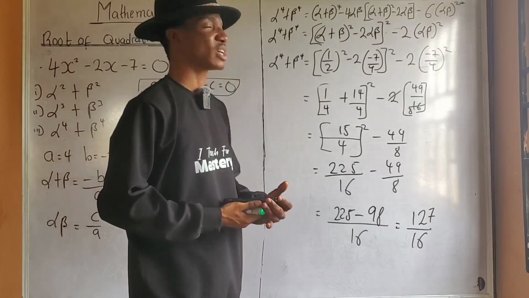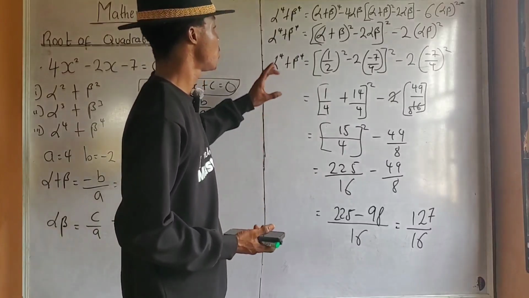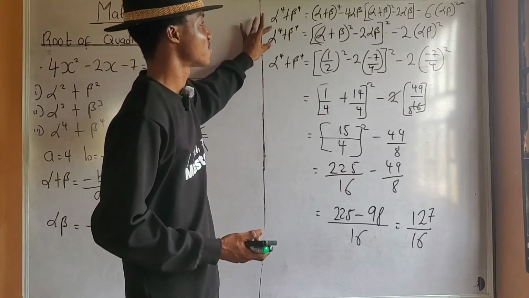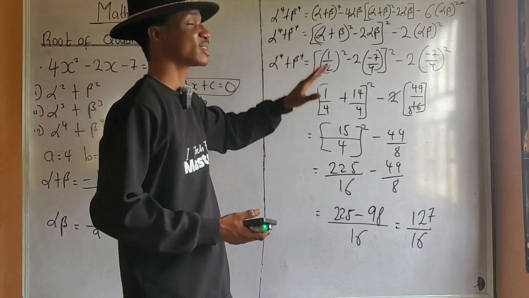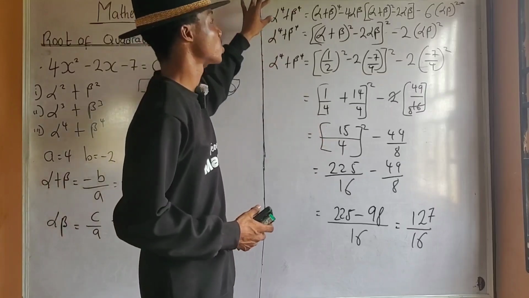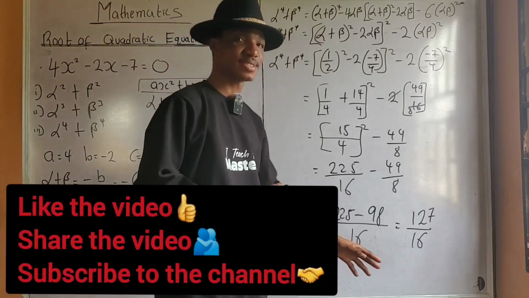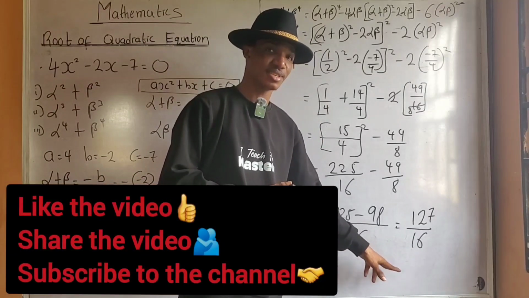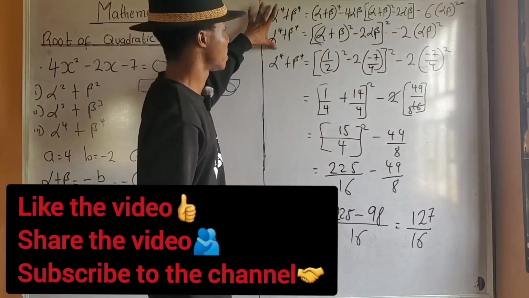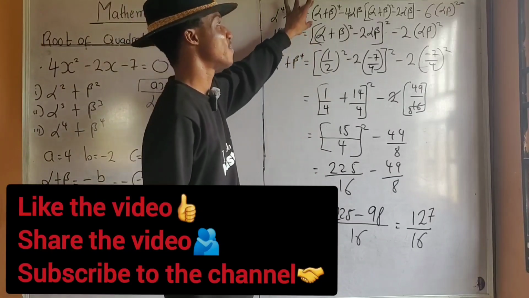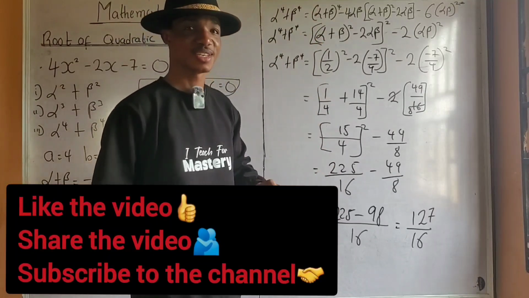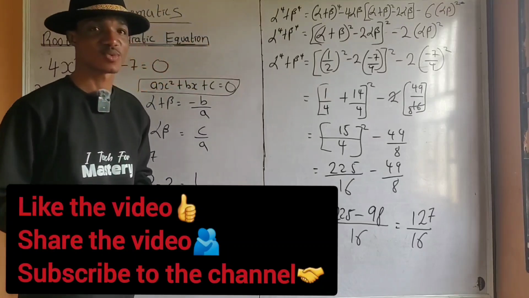So that is the solution to that question. Listen to me carefully. If you don't want to make use of this equation for alpha raised to the power of 4 plus beta raised to the power of 4, you can make use of the first one. You are still going to arrive at the same answer. Do you understand? That is why I gave you both methods. This one is just a longer version of this. Do you understand? Okay, so let us proceed to the next question.